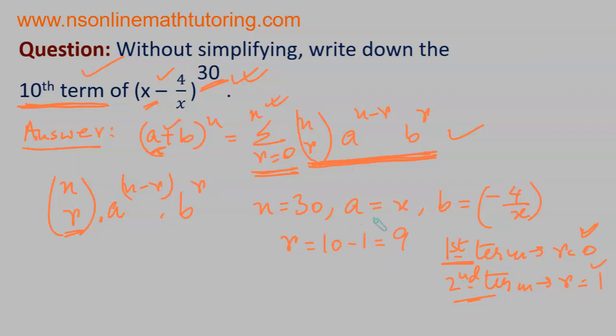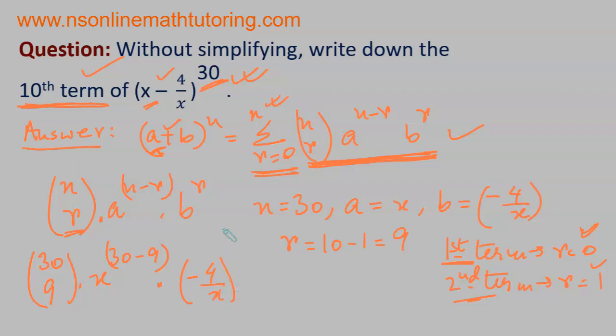Now we have found all the values, so we will be just substituting. It will be 30C9, and a is x, so x to the power of 30 minus 9, and b is negative 4 over x.